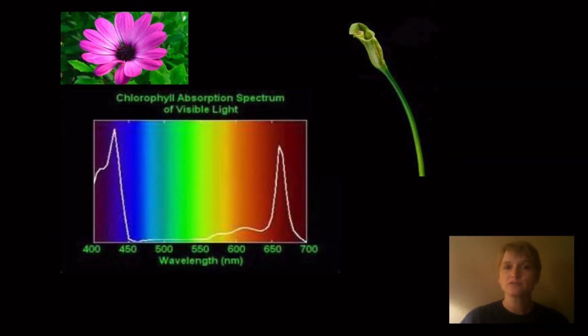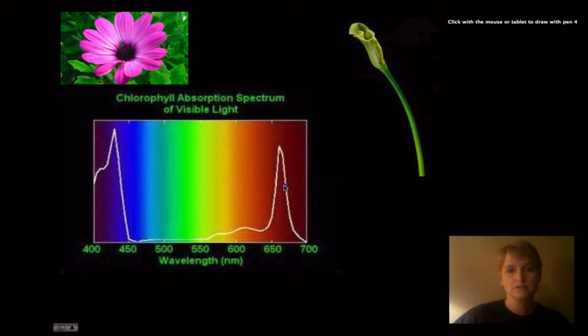Let's talk about that absorption of light. The chloroplast in the plant has pigments inside of it. And so chlorophyll absorbs some of the spectrum of visible light. Now, the sunlight that we see has all of the spectrum, so it has all wavelengths.